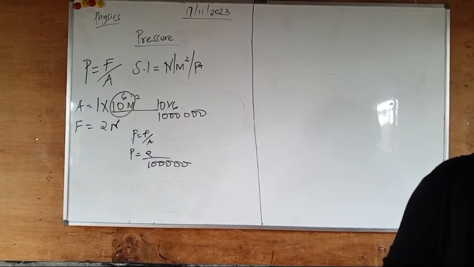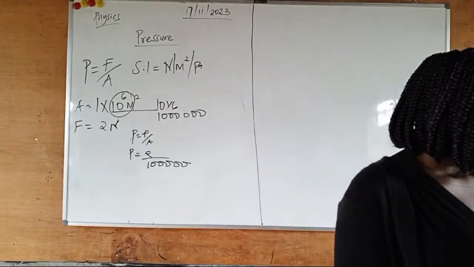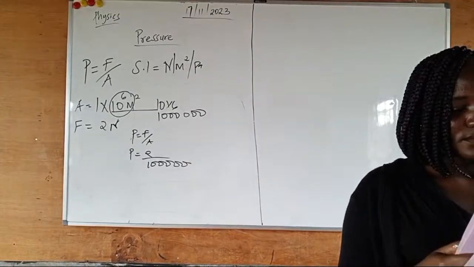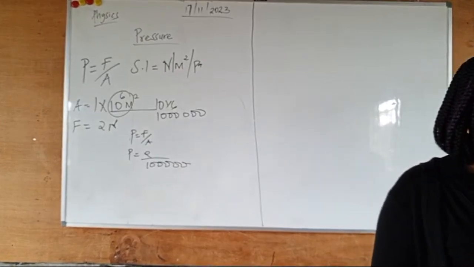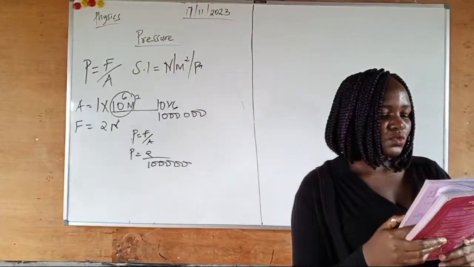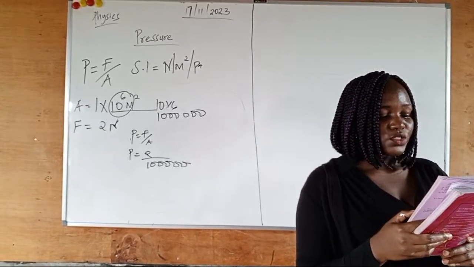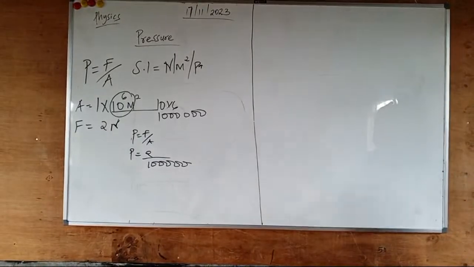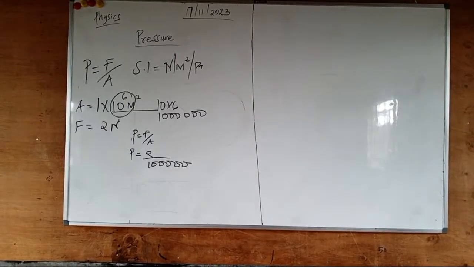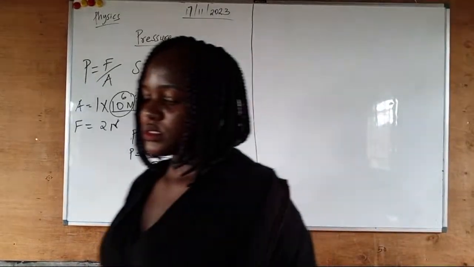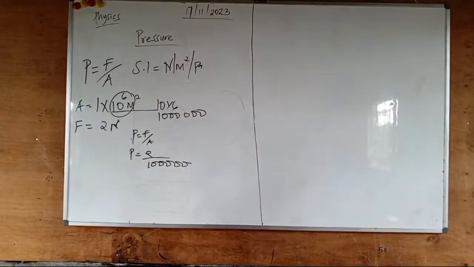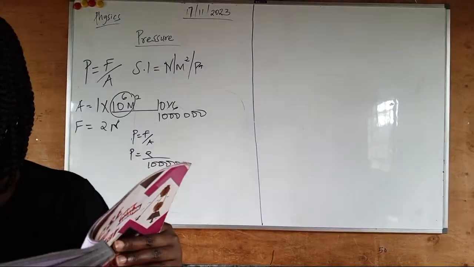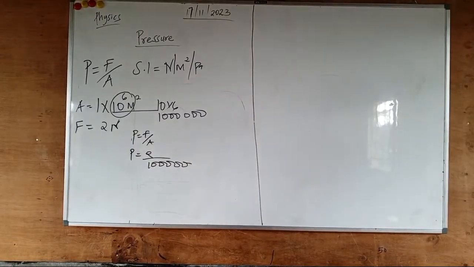Okay, in your calculation, the total weight of a car with passengers is 25,000 newtons. Full stop.